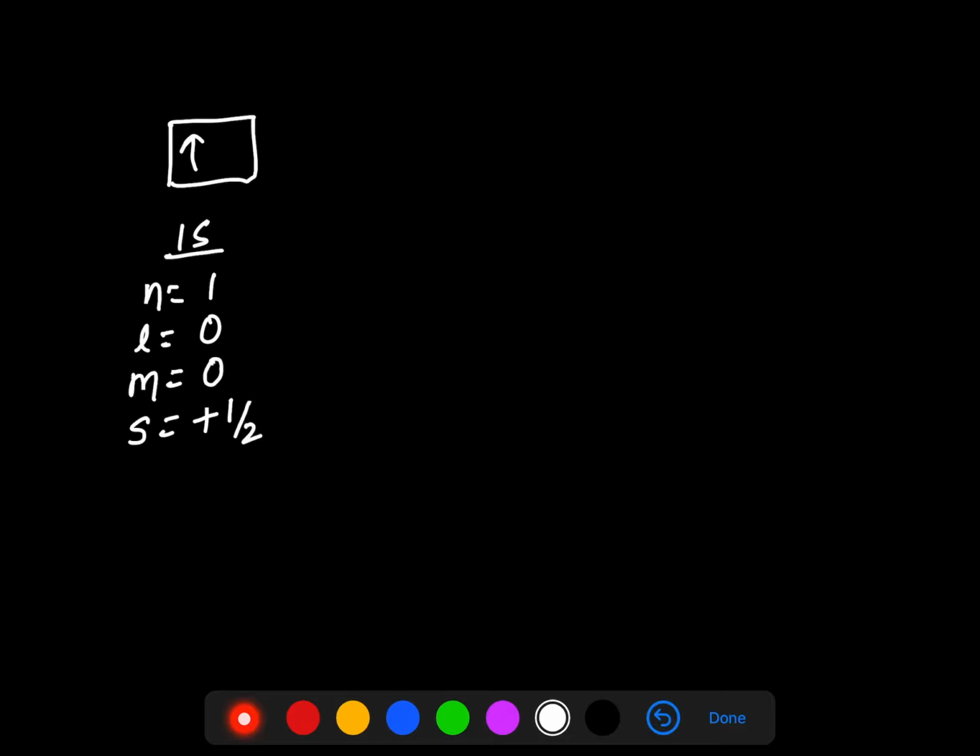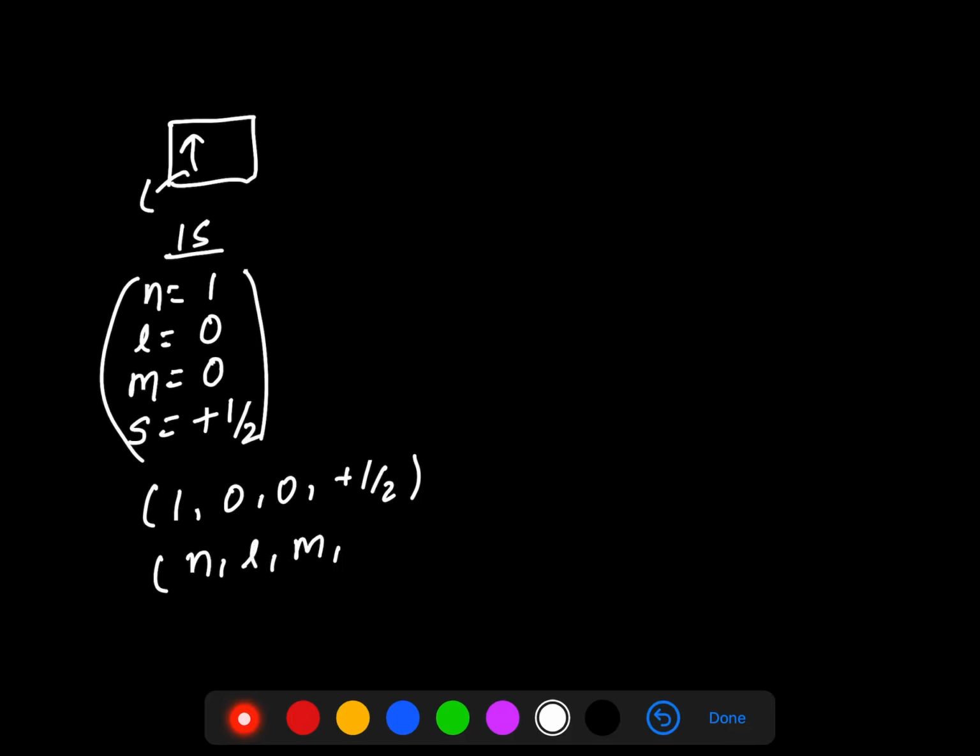For clockwise spin, we always take the spin quantum number as plus half, by convention. So this is the set of quantum numbers for the first electron in 1s. How will you write? Will you write 1, 0, 0, plus half? You write in this order: n, l, m, s. Principal quantum number, then the azimuthal quantum number, then magnetic quantum number, then spin quantum number. This is a set, right?